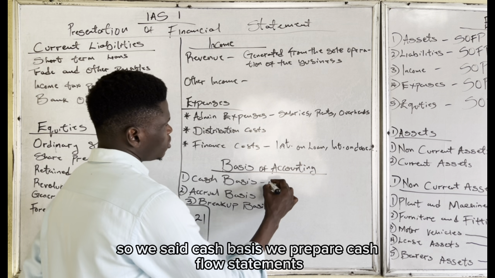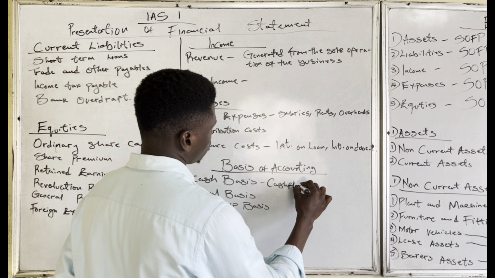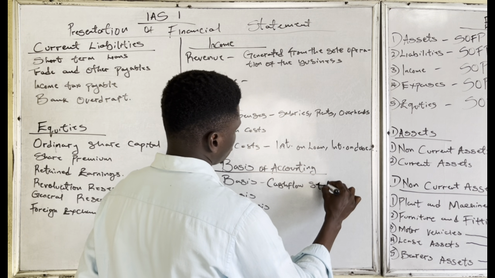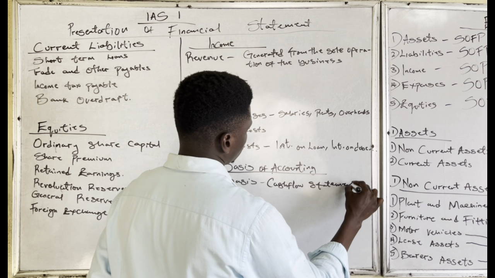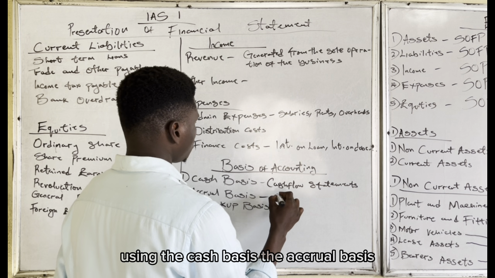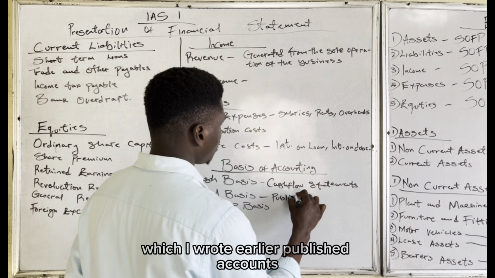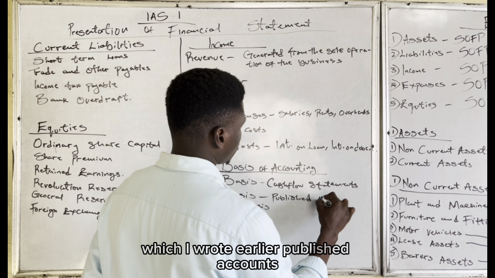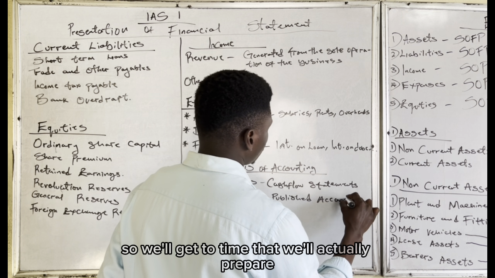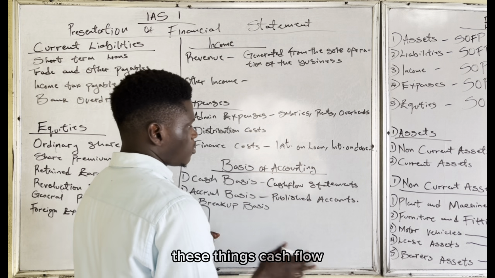So we said cash basis, we prepare cash flow statements using a cash basis, then accrual basis, published accounts, which I wrote earlier. So we will get to the time that we'll actually prepare these things.